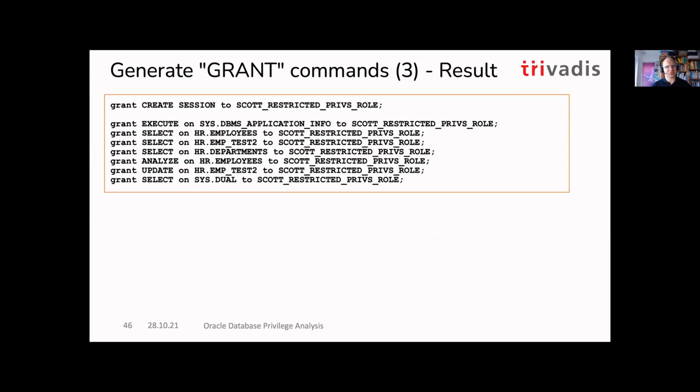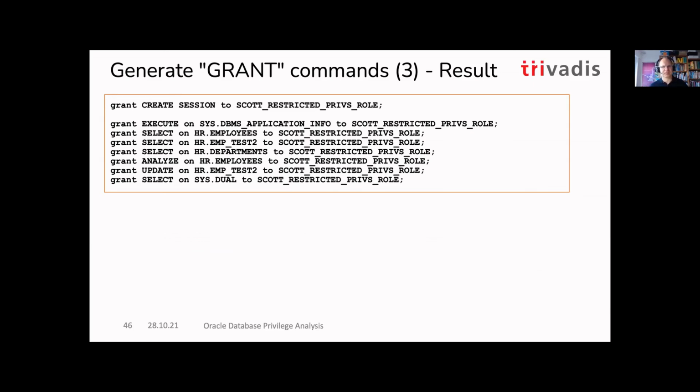And when you put both together, if you follow the example we had before, we come to create session privileges for user Scott, and execute on application info, select on the HR views, select on dual, and update on the employees test table.